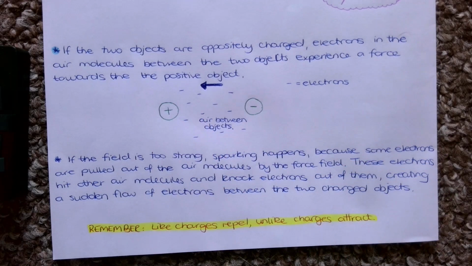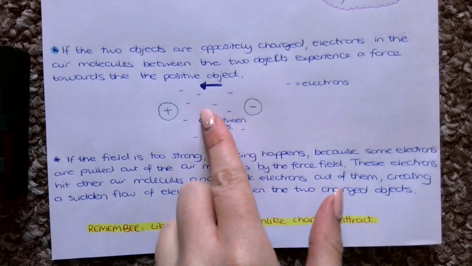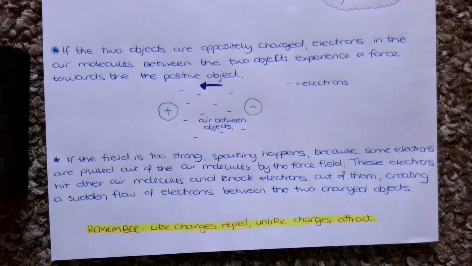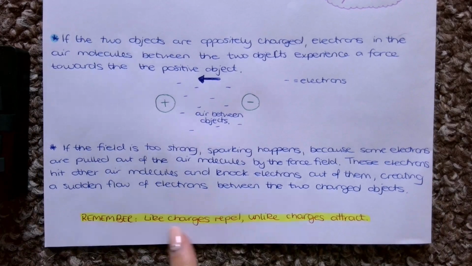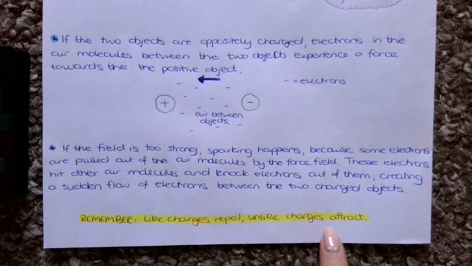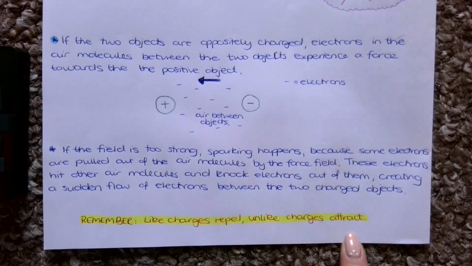If the field is too strong, sparking happens because some electrons are pulled out of the air in the middle by the force field that surrounds the object. These electrons hit other air molecules and knock electrons out of them, creating a sudden flow of electrons between the two objects. Remember, the same as magnets, like charges repel, unlike charges attract. That's the same rule for electric fields.